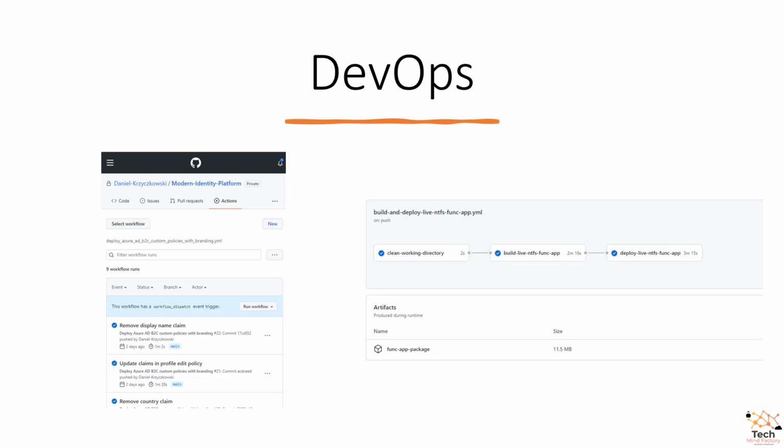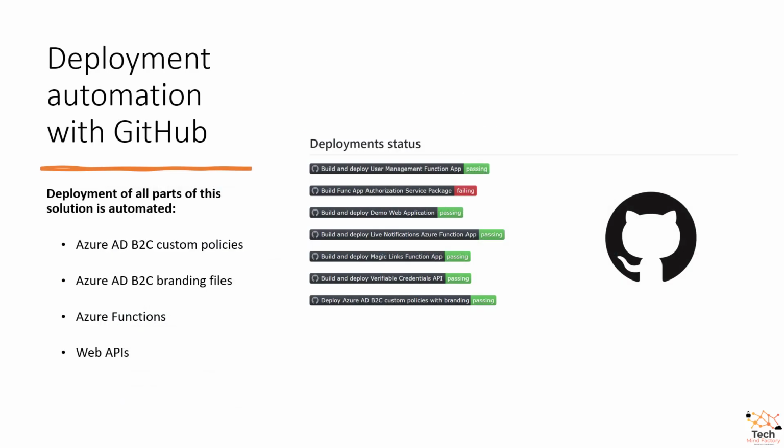So when it comes to DevOps, as I mentioned, I use GitHub, and for this solution, I automated deployment of custom policies in the Azure Active Directory B2C because I use Identity Experience Framework. So I implement those authentication flows using XML files, so custom policies.